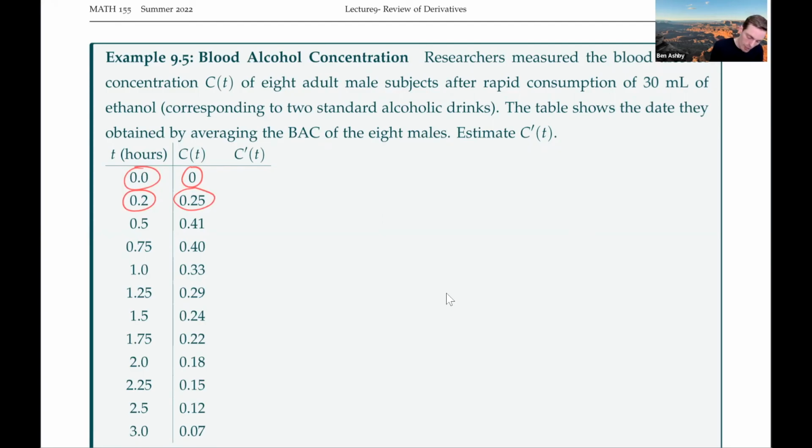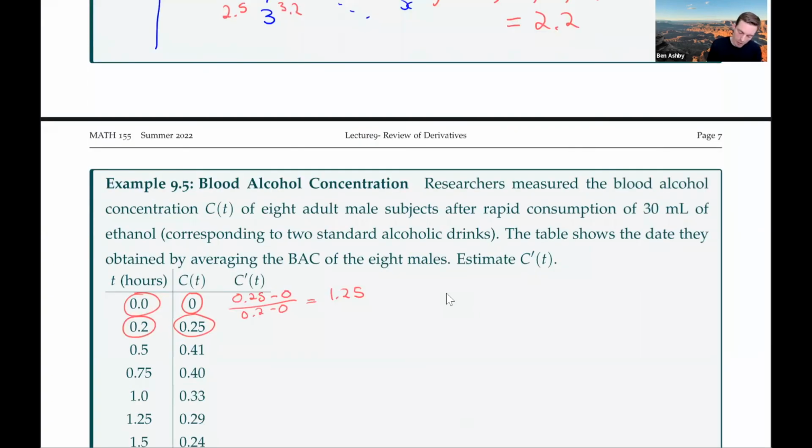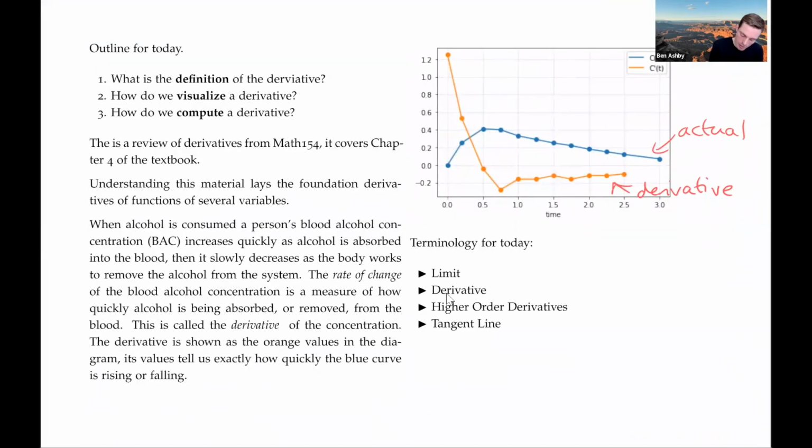So in this case, C prime of t is going to be 0.25, the value of the next value along, minus the current value, 0, divided by the difference in time, so 0.2 minus 0, which is just going to be 1.25. So our gradient at 0 is 1.25. So if we go all the way back to the beginning to that figure, this up here is approximately 1.25.